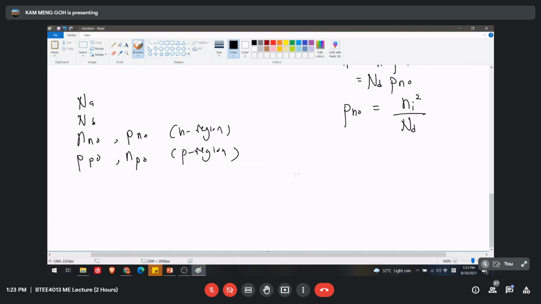And right now we also got one more thing, which we call NP, where P stands for the P region. But what about the NP? When you see an O here, it means that it is thermal equilibrium.